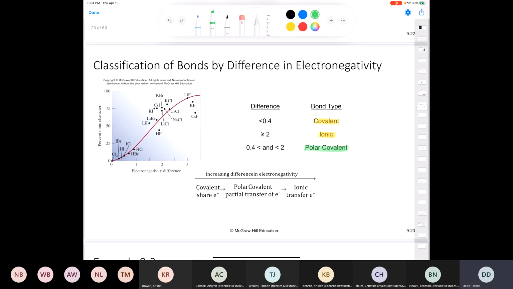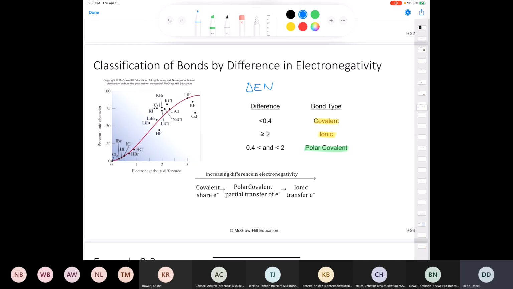The difference in electronegativity, which I call delta EN, can be calculated as an absolute value. I usually just take the highest electronegativity and subtract the lower one to give me a positive number. If you have two elements bound together, you look at their electronegativities.